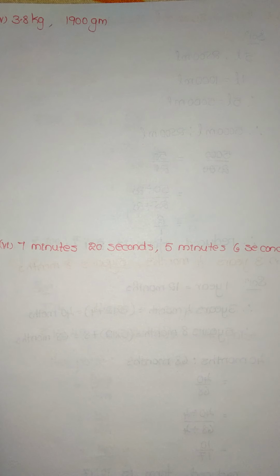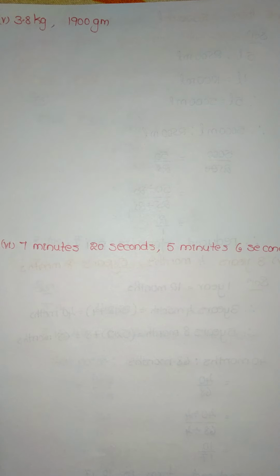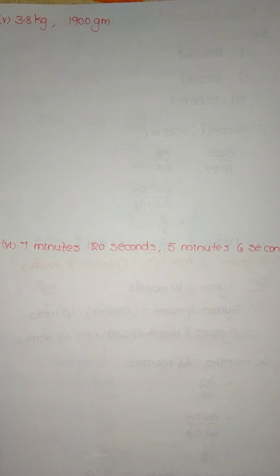Question number 5, 3.8 kg and 1900 gram. So here, in kg and gram, we have to convert the kg into gram. So here 1 kg equal to 1000 gram, so multiply this with 1000.